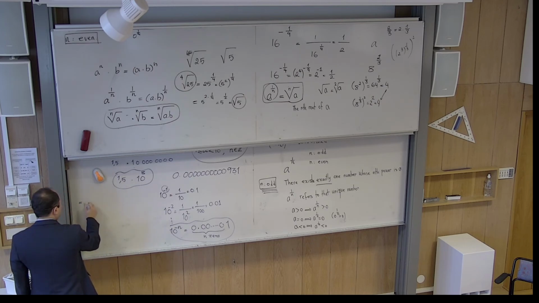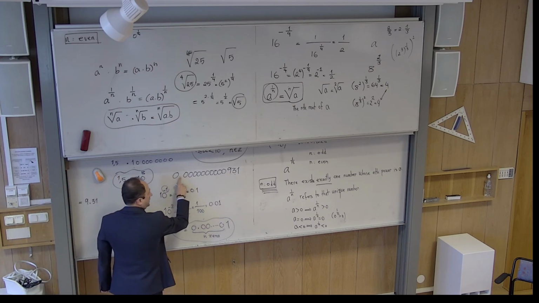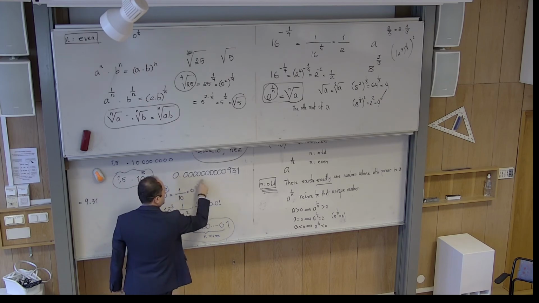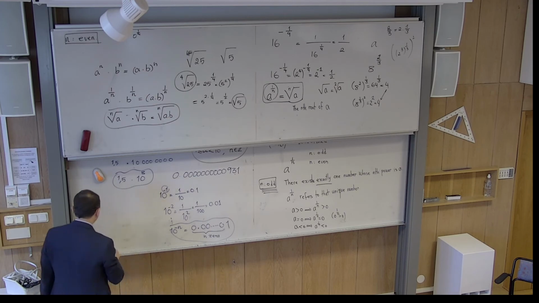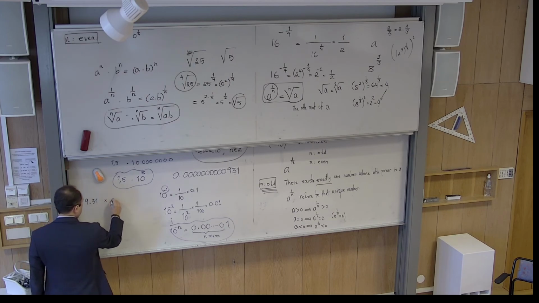I can write it as 9.31, yes, but the decimal point is here. How many positions have I moved the decimal point? 10 zeros and 1, 11. So I can write this one and then multiply it by what? 10, yes, 0.